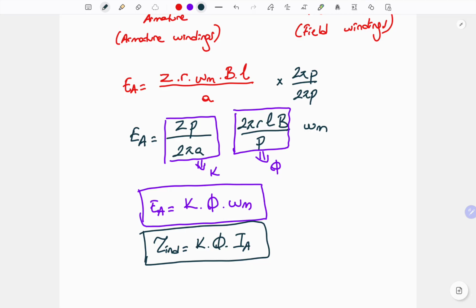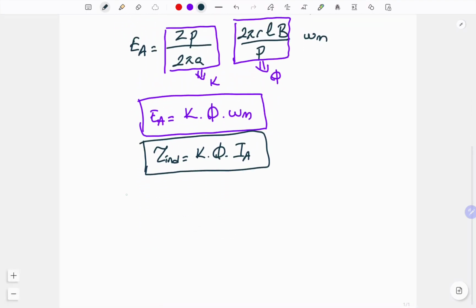Also, these expressions will be important to understand the relations of the parameters and to obtain the characteristics of the machine. So, for the DC motor and the generator operation, if we want to analyze, regulation will be important. For DC motor or DC generator, our output parameter for the motor will be speed.